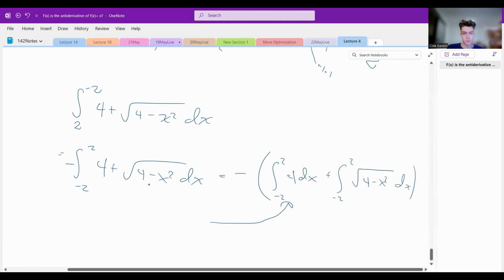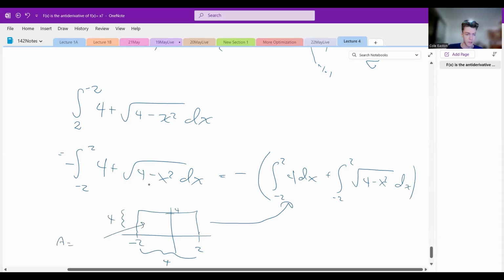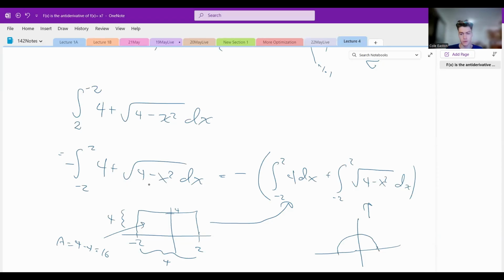For this first part, it's just the integral from -2 to 2 of the constant function 4. That is just a rectangle like this. It has a base of 4 and a height of 4, so the area is 4 times 4, which is 16. For this one, that is a semicircle of radius 2, and we're integrating from -2 to 2.